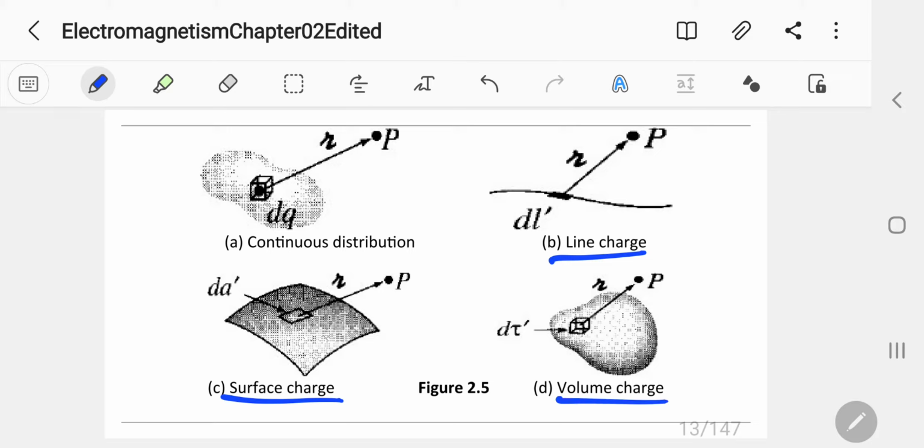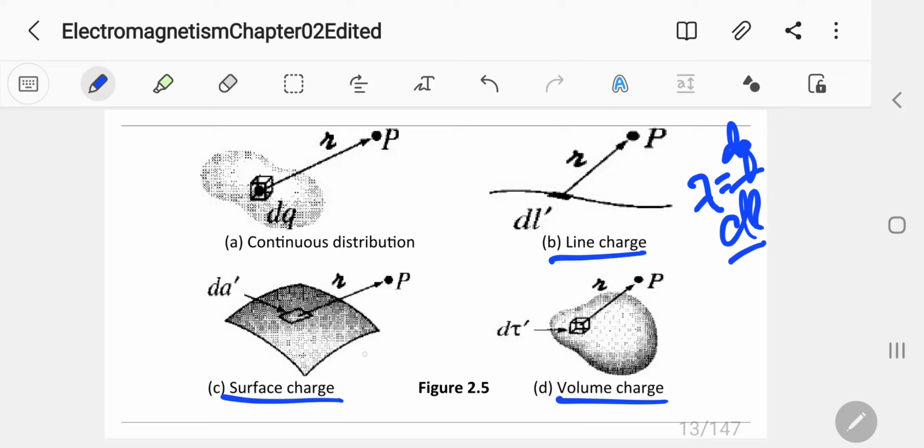But mostly in conducting materials, the excess charge would just settle on the surface of the conducting material, and in that surface you will have a surface charge distribution. We usually denote the line distribution by lambda. This is, of course, the charge per unit length, the small charge on a small length dl.